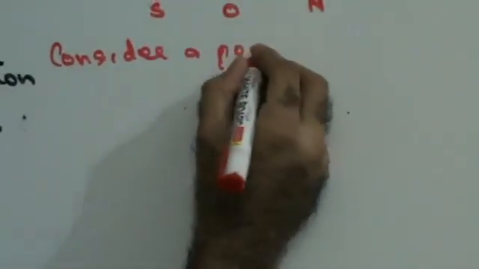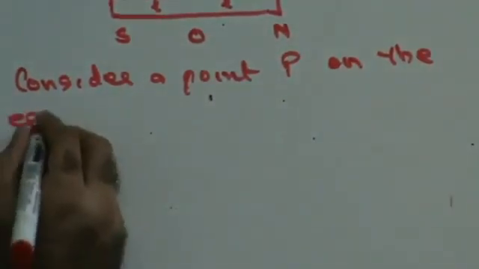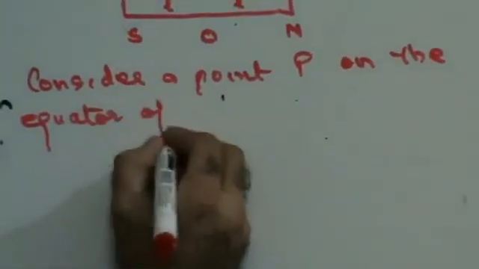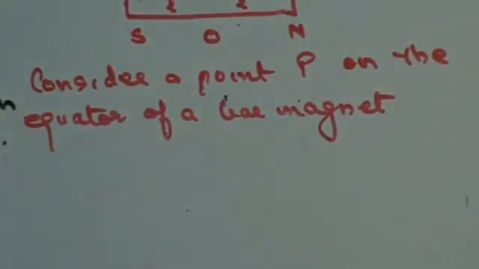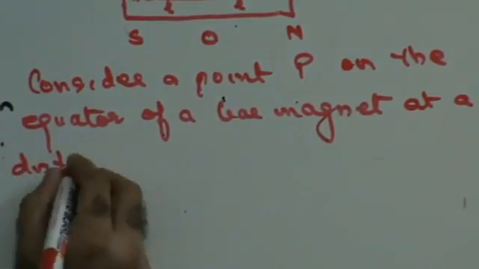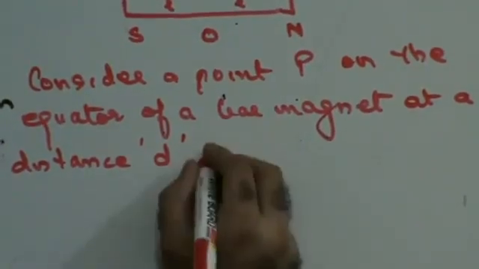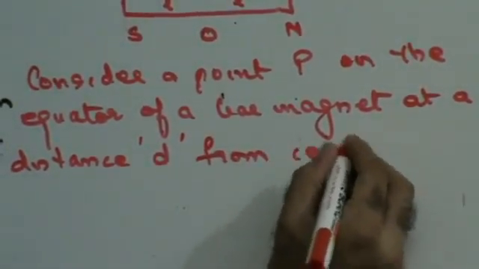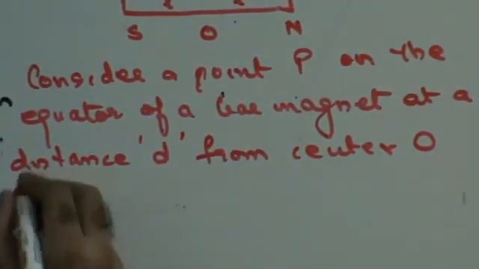Consider a point P on the equator of a bar magnet, at a distance D from the center O of the magnet.